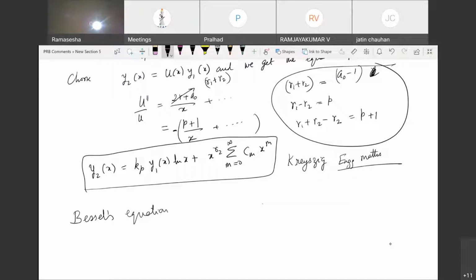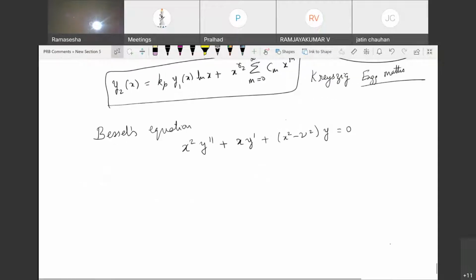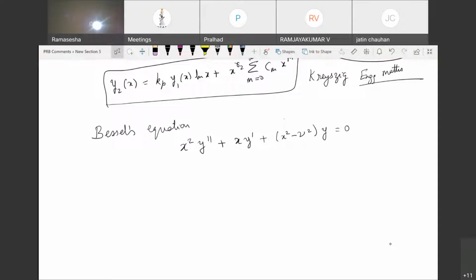So Bessel's equation can be written in the form x squared y double prime plus x y prime plus (x squared minus mu squared) y is equal to 0.